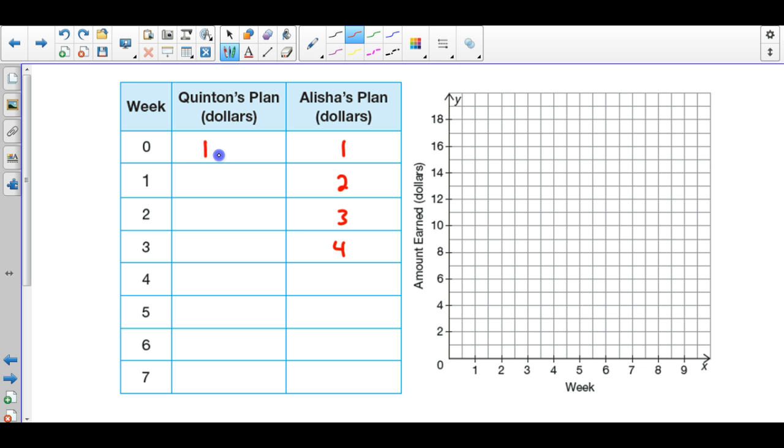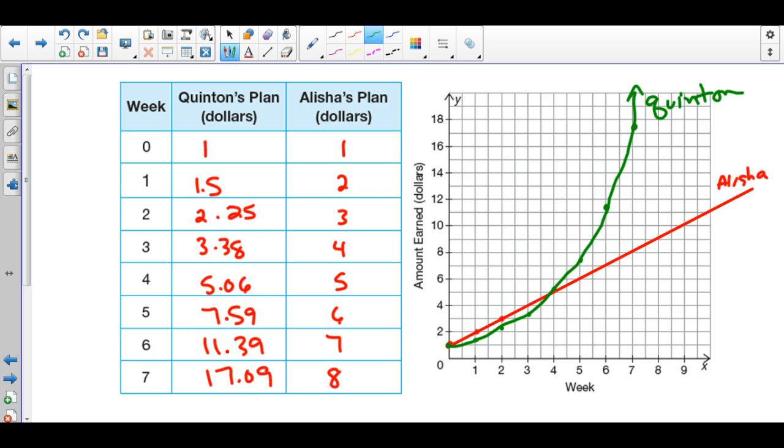Her friend is going to be getting, if you go in your calculator and you multiply by 1.5, $1.50. And then I would take $1.50 and also multiply by 1.5. You would get 2.25. So I'll have you keep going down this chart, fill this in, and then graph them, and round to the nearest hundredth on this first column just because it is dollars.